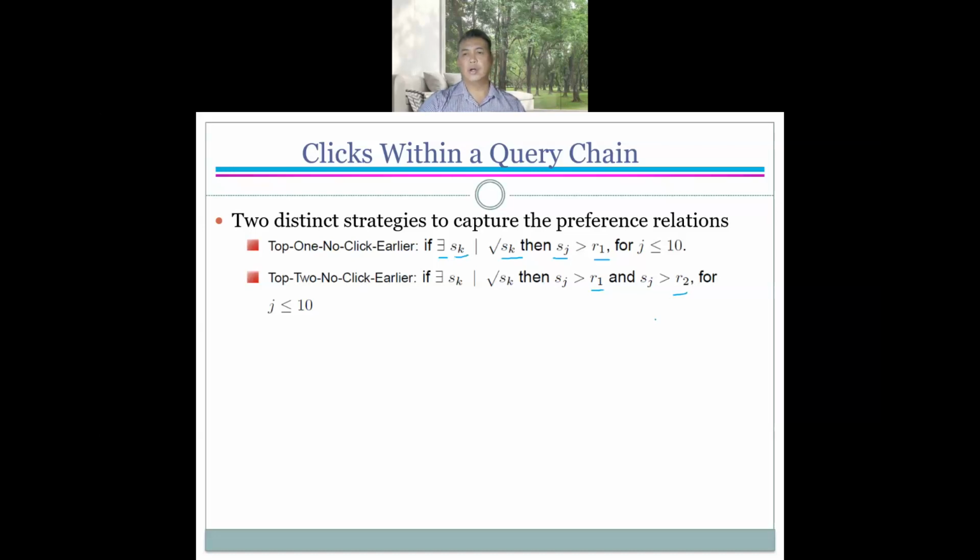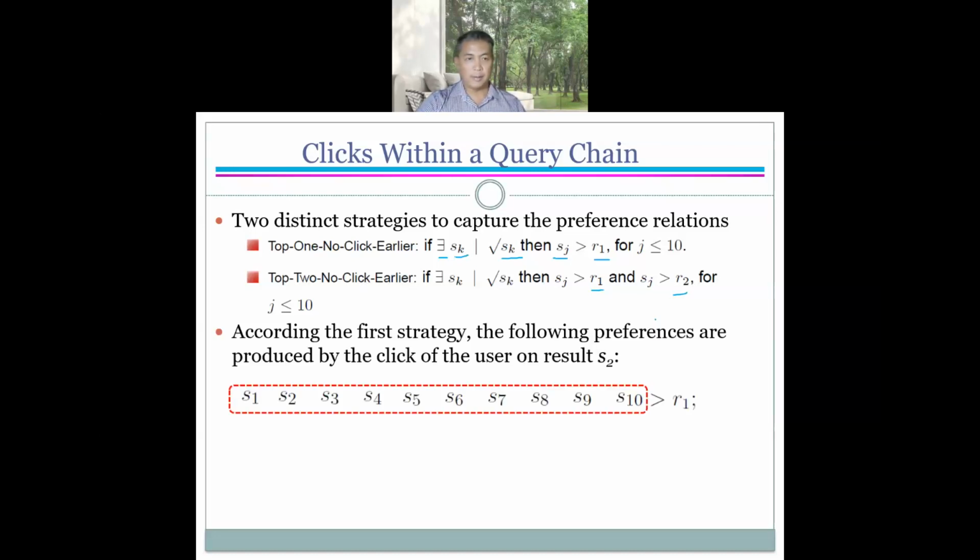So if we have this situation here, this is your second result. So we are saying that S1 is more important than R1. S2 is more important than R1 and so on. So all of these are with regard to R1.